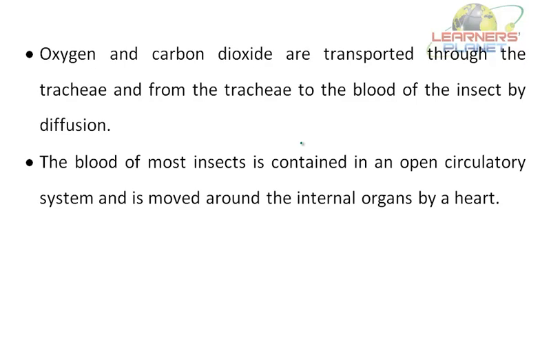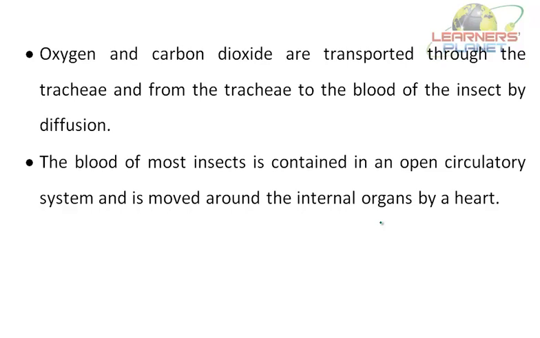So students, remember that the oxygen and carbon dioxide are transported through the trachea and from the trachea to the blood of the insect by the process of diffusion. So blood of most insects is contained in an open circulatory system and is moved around the internal organs by a heart.